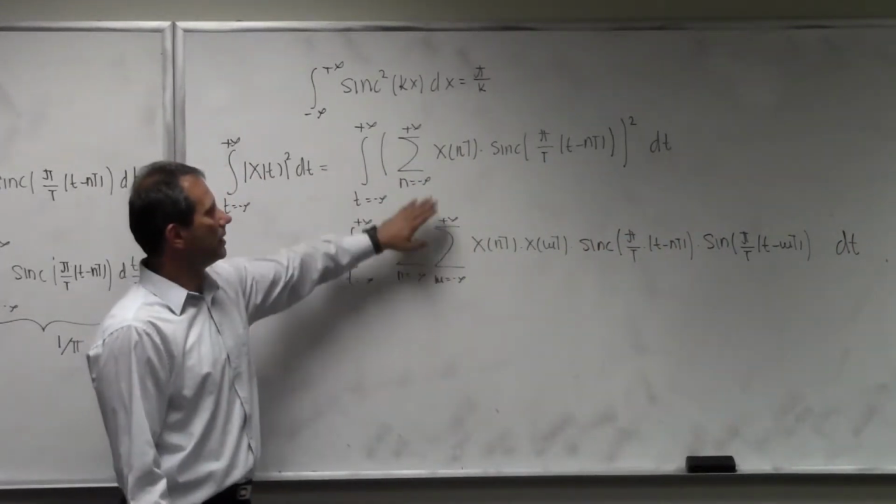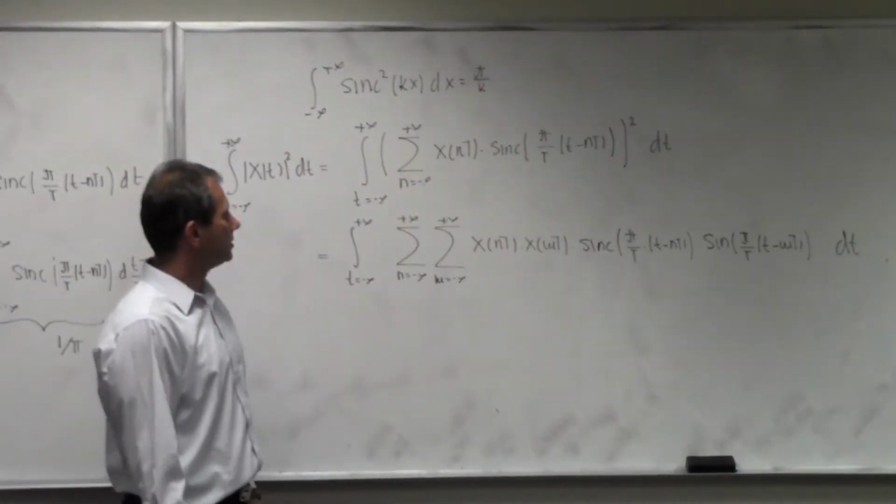This is the square. You take the summation here and square.